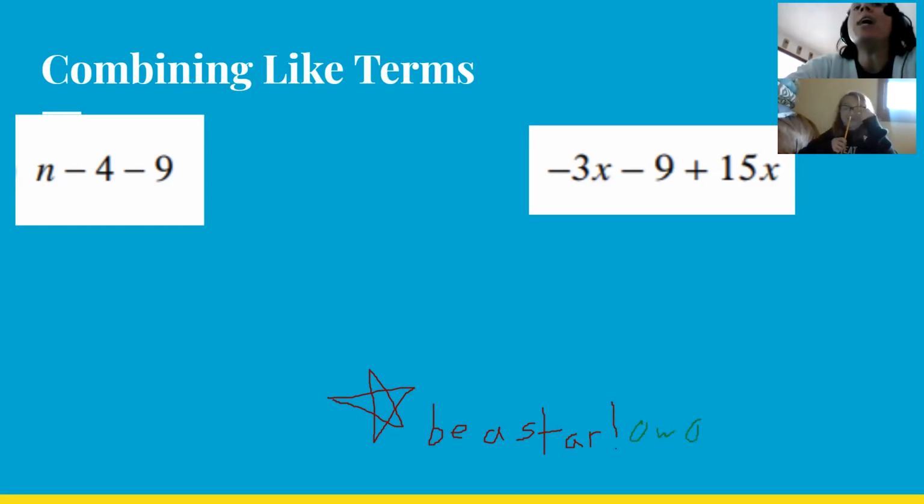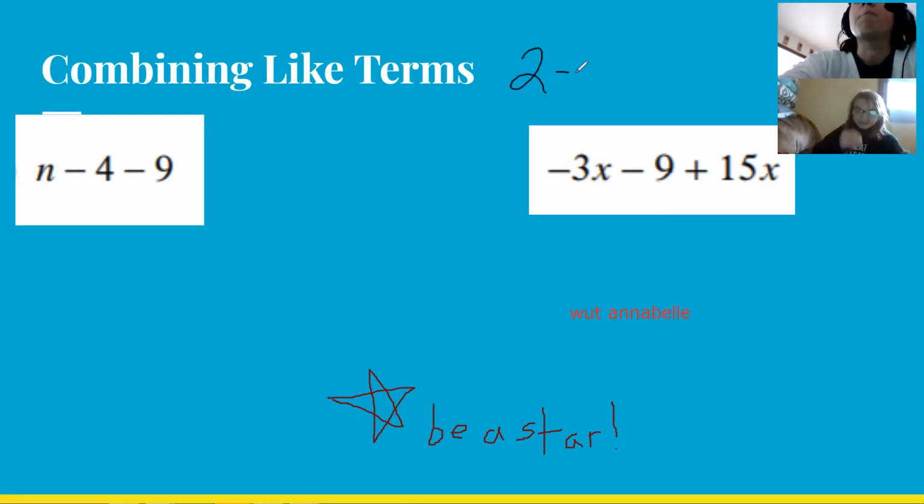Okay, so now we want to combine some like terms. And when you guys do this, I really want you to keep in mind changing to that plus negative. So every time you see 2 minus 4, that's the same as 2 plus -4.